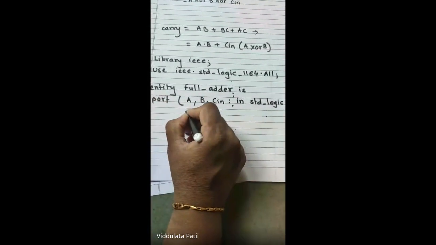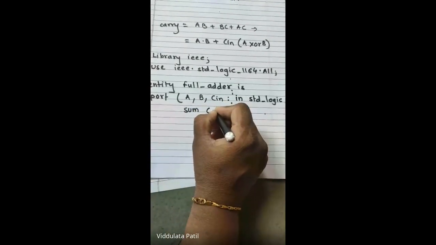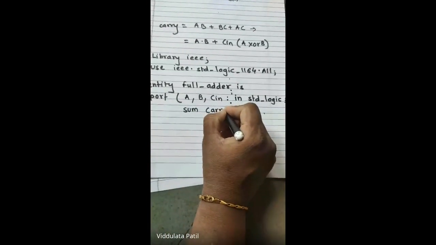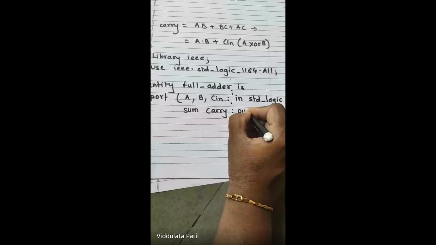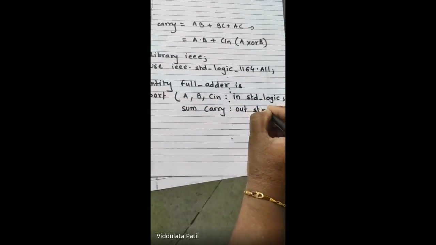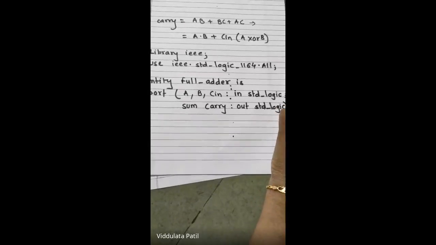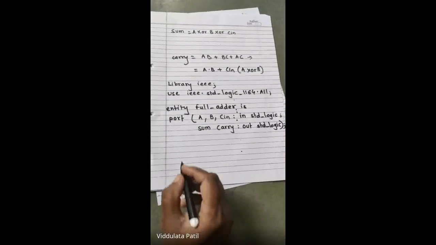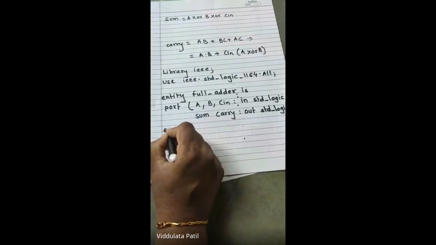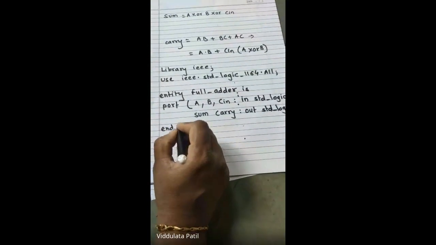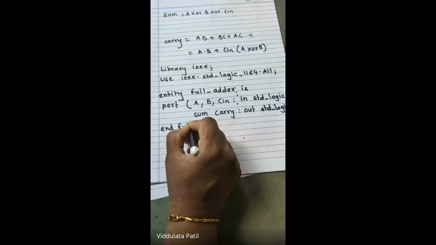So sum and carry are the output ports, which are of type std_logic. Now we have declared all ports, so complete the bracket and then semicolon and then end of this entity. End of full_adder.